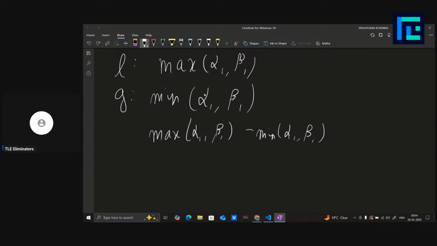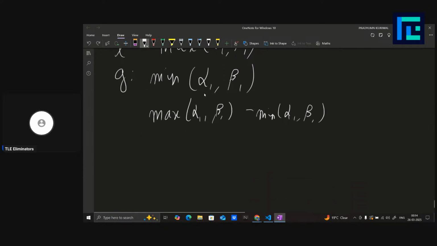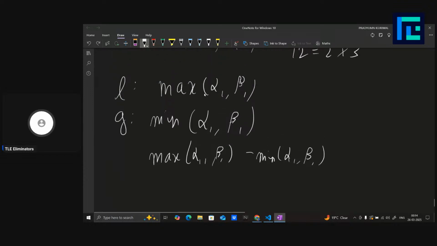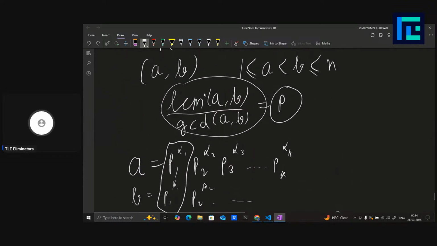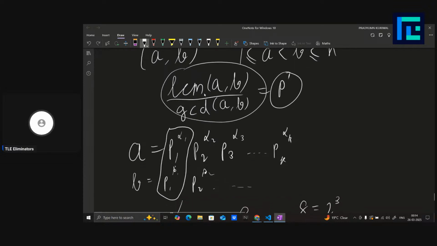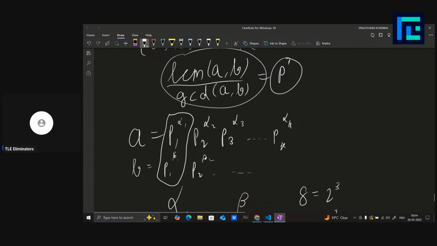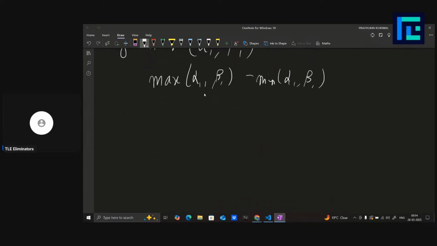But what we want is that this ratio should be equal to some prime to the power of 1. So that means that my max minus min should be equal to 1.